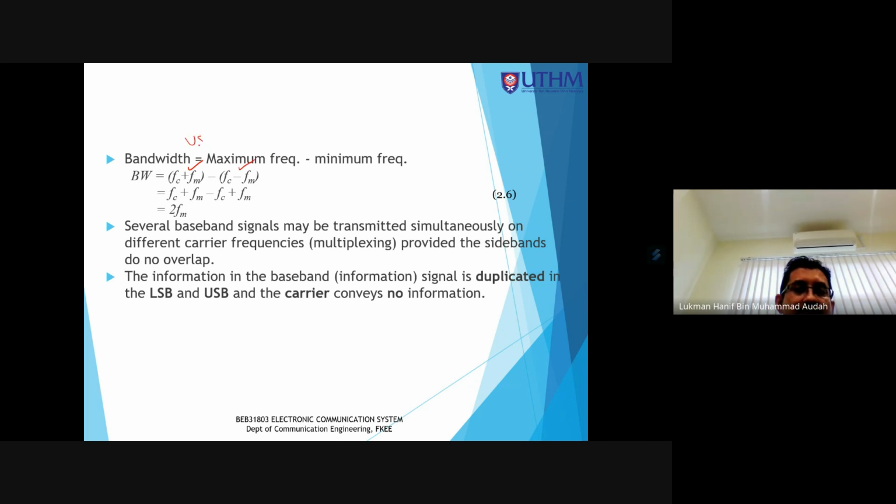So USB frequency minus LSB frequency. The upper sideband is FC plus FM, minus the lower side frequency. So minus and minus are going to be plus over here. That's why you get 2 FM. Okay, so what is 2 FM here?